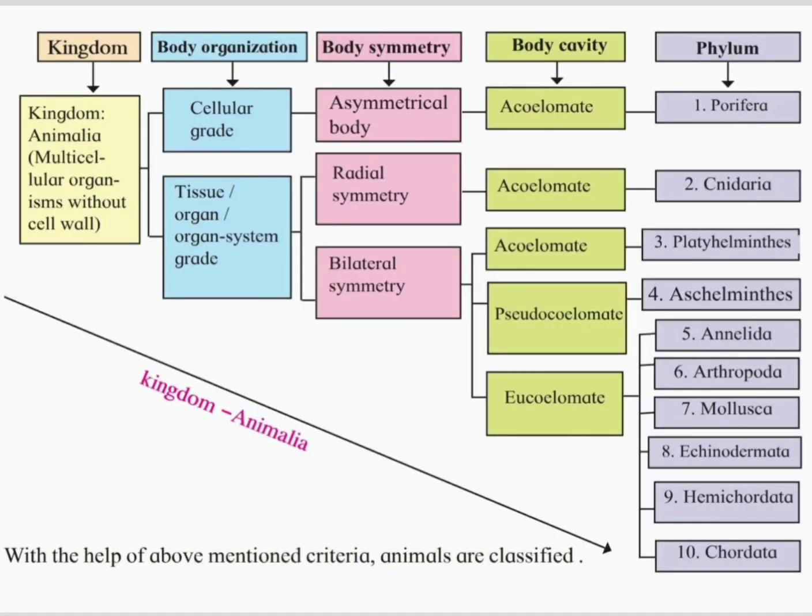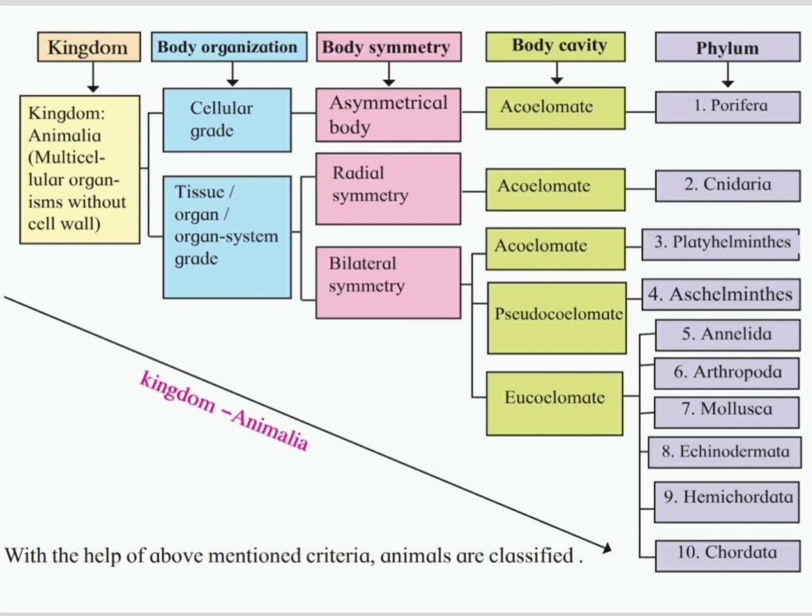So with this we have completed all the different criteria for classification, and if you look at this picture you will understand how each of these criteria has helped us to reach the classification of the particular animal. For example, Porifera, the first one.